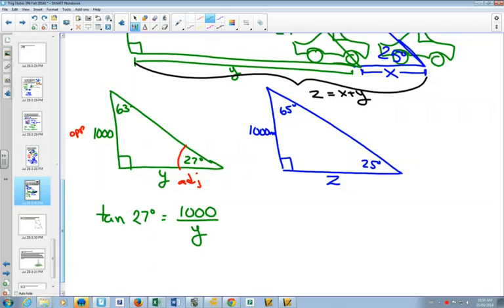This is the one that's a little bit longer because the y is on the bottom. Right? So you'd have to multiply both sides by y and then divide both sides by tan 27. What will happen is when you multiply both sides by y, the y will come to the top to the left side. And when you divide both sides by tan 27, if you do both of those steps at once, you'll get y equal to 1,000 over tan 27.